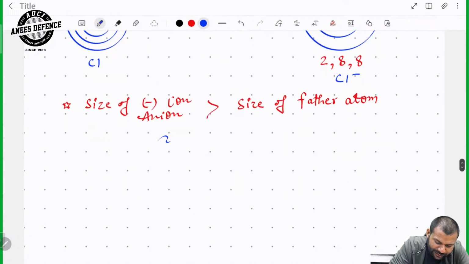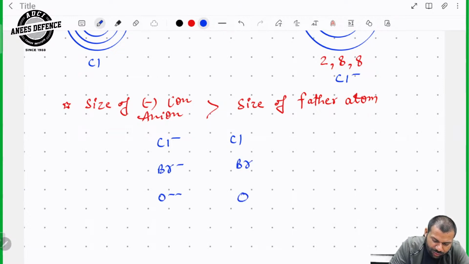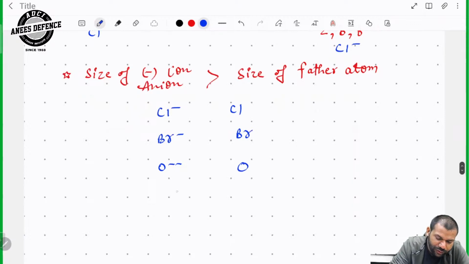If I write here Cl minus and Cl, Br minus and Br, O minus minus and O, what will be the size of Cl minus and Cl? The size of Cl minus will be greater than the size of Cl. The size of Br minus will be greater than the size of Br.